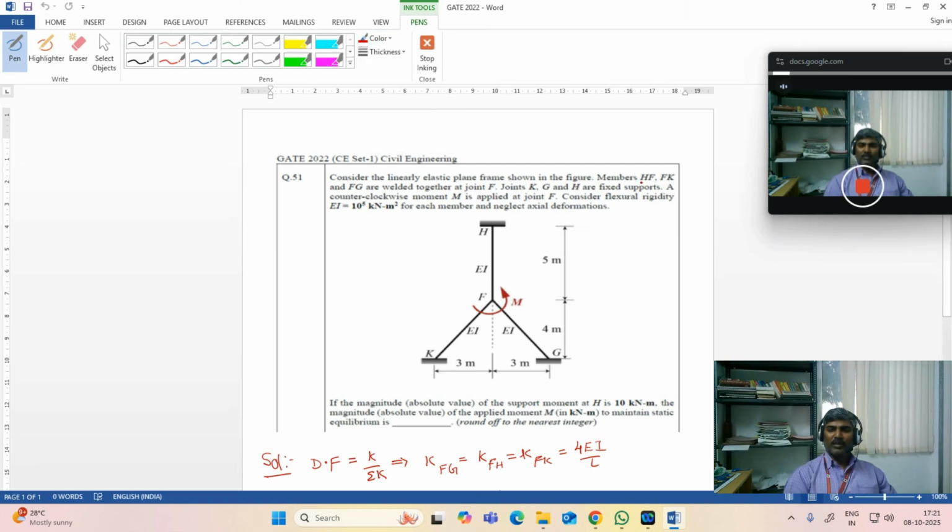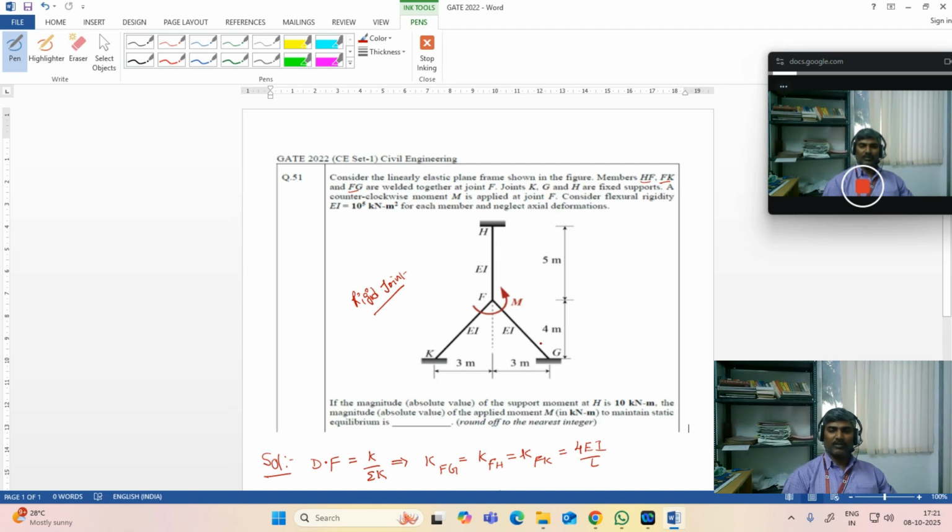The members HF, FK and FG are welded together, which means it is a rigid joint. You shall understand that the joint is a rigid joint. Joints F, G, H are fixed.